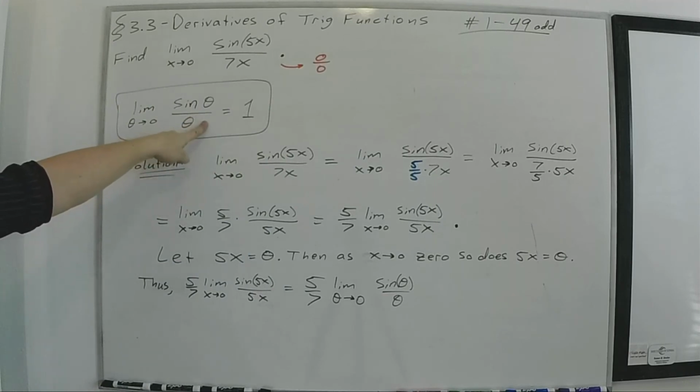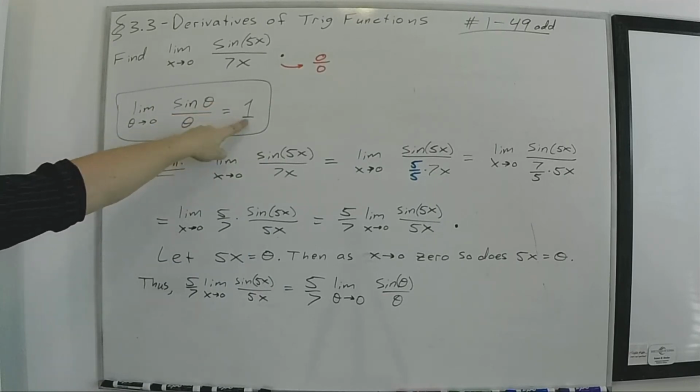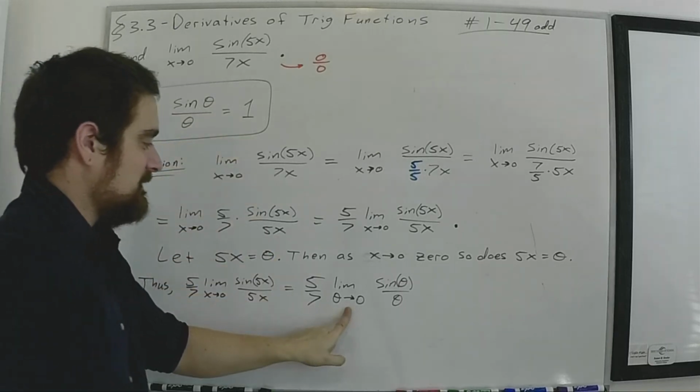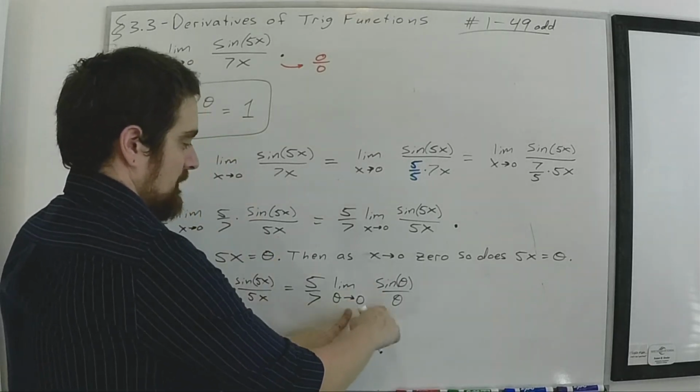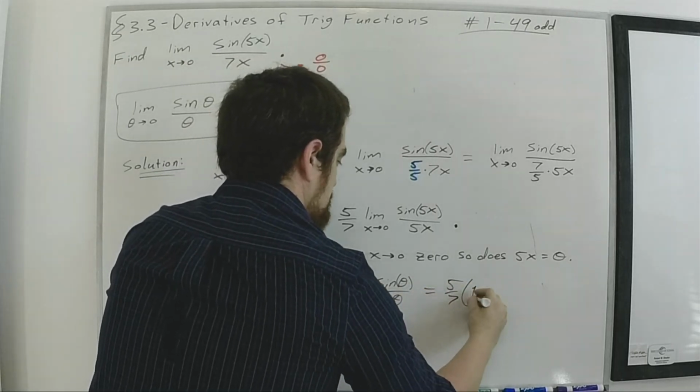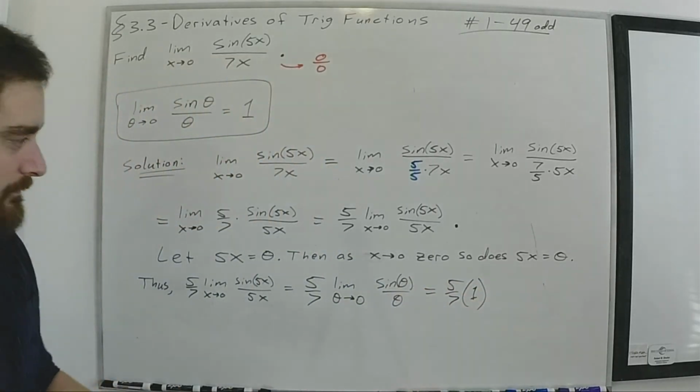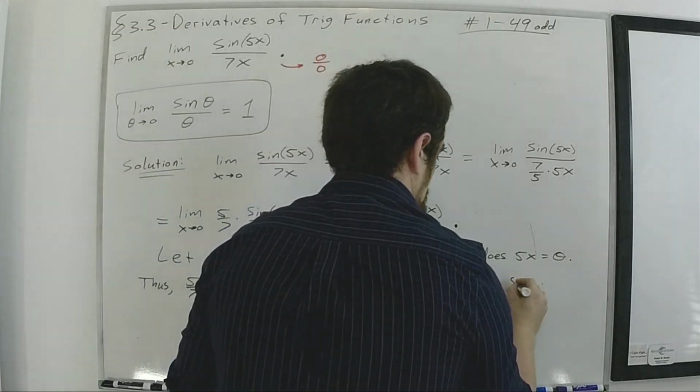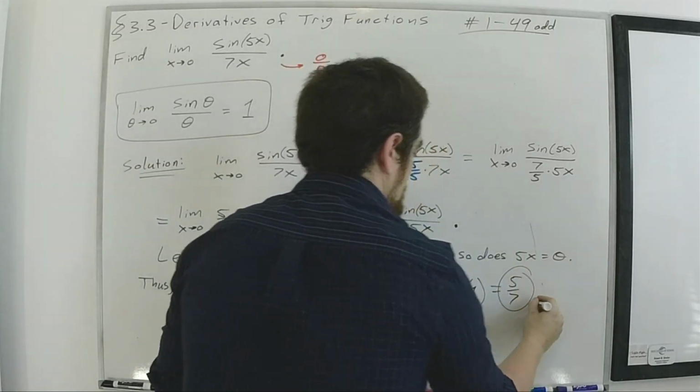The limit as theta goes to 0, sine theta over theta is 1. That means this piece, the limit as theta goes to 0 of sine theta over theta, is exactly 1. But I do still have this multiple of 5/7 in the way. So my limit works out to be 5/7.